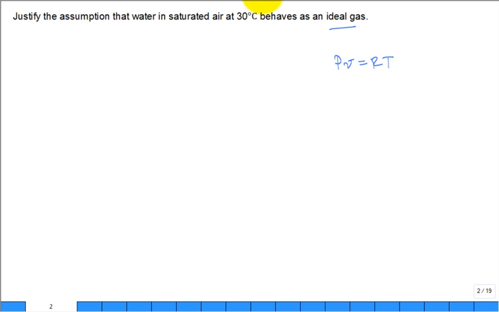So if we think about it, the temperature is specified and it's saturated air. So in a sense, the vapor pressure is also specified. The partial pressure of the water vapor in the saturated air is specified. So what we can do is check v to see if it's close. Close to what? Well, you can calculate v from the ideal gas equation.